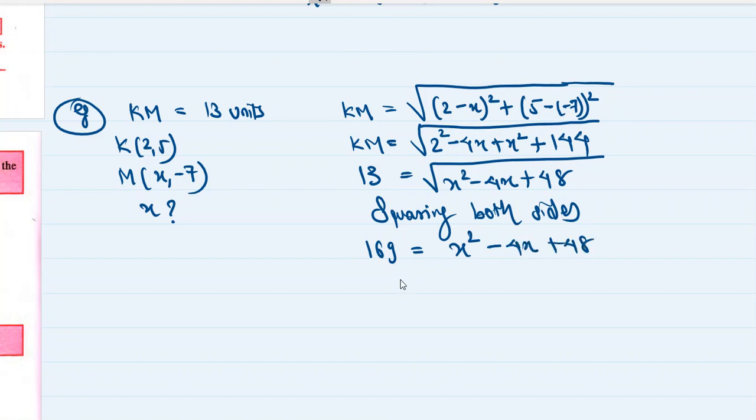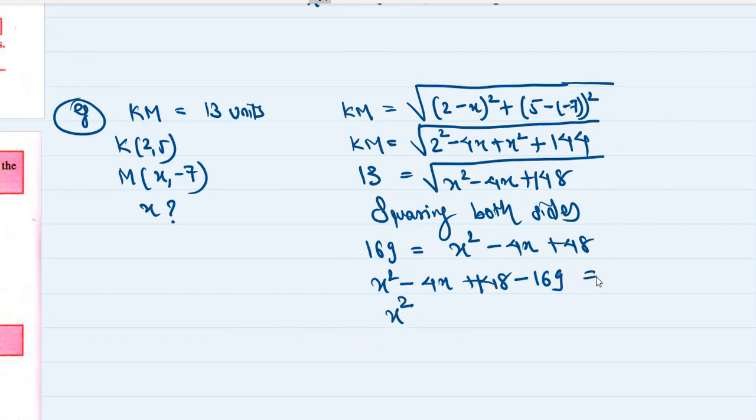Shall we simplify this? It is 148 minus 169, right? Because 144 plus 4 is 148.